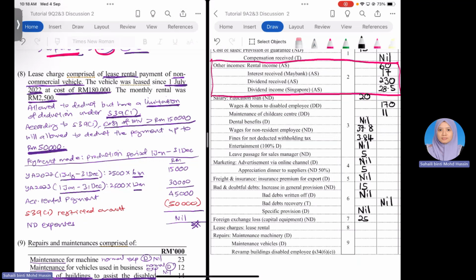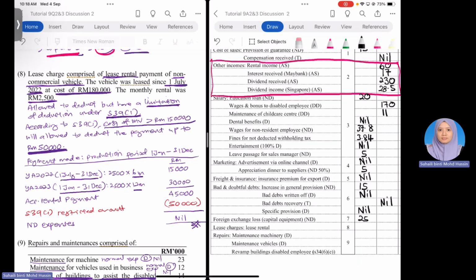When the motor vehicle is not licensed as a commercial vehicle, the lease rental paid is allowed for deduction, but with a restriction, because it's listed under prohibited deduction, section 39 subsection 1.